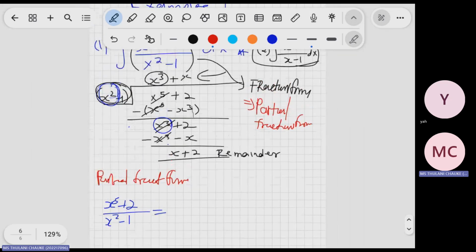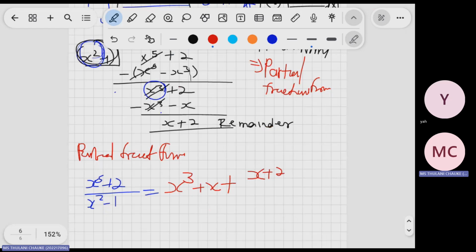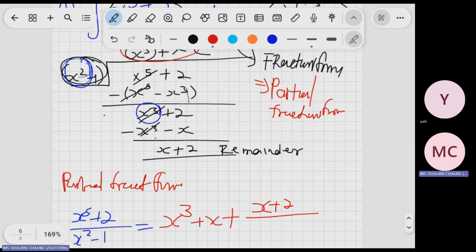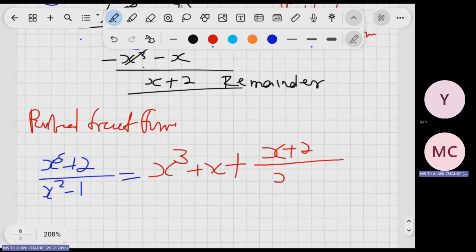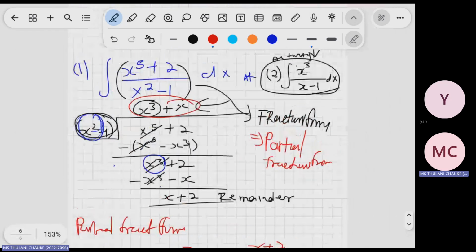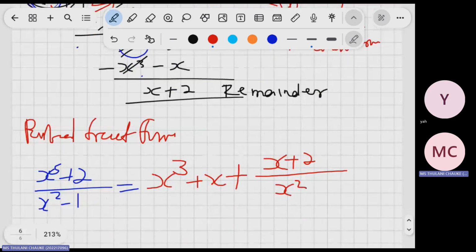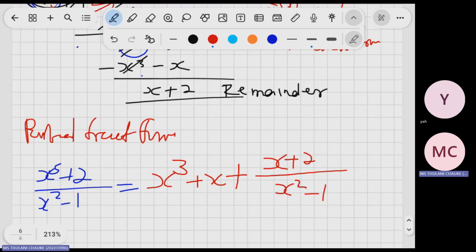So what you do, you take the answer and then you add it with the remainder over the denominator. So the denominator, the one that you were dividing into, it must come here. I think this is the only trick that you must do.